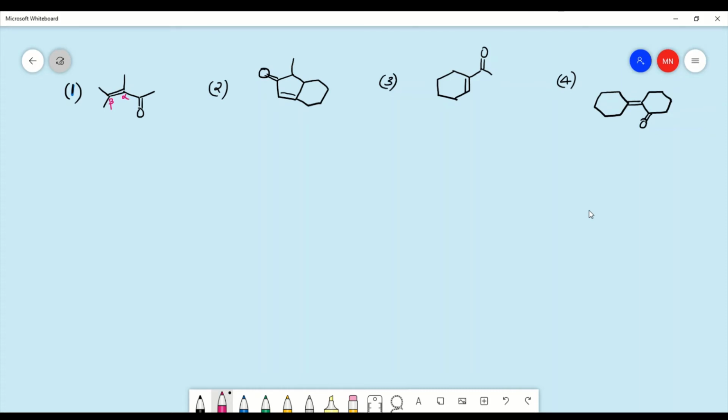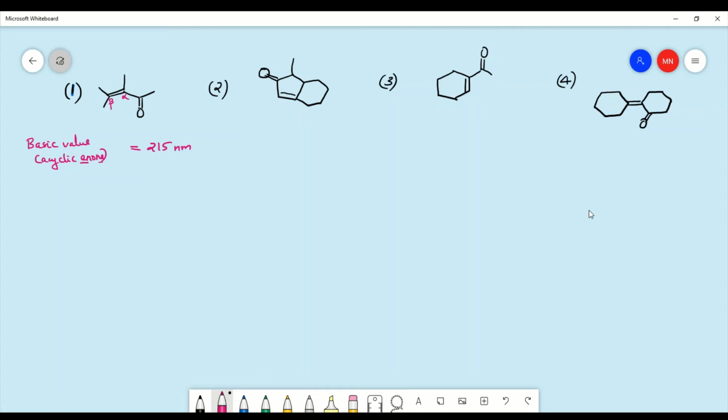The basic value for an acyclic enone, a double bond with a ketone, is 215 nanometer according to the Woodward-Fieser rule, as we have already seen.